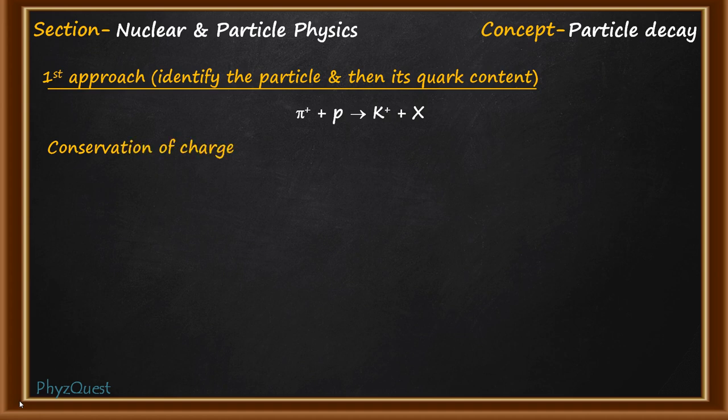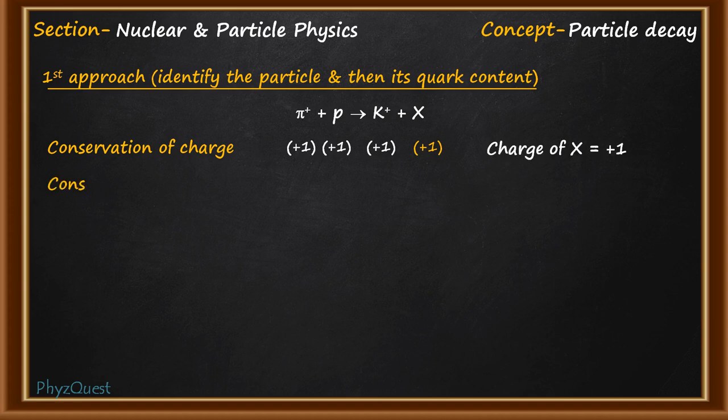Pi plus has a charge of +1, proton also has a charge of +1, and kaon, K plus, also has a charge of +1. Here we have 1 + 1 = 2, and here we have 1, so to have valid charge conservation, X must have a charge of +1. So the charge of X is +1.